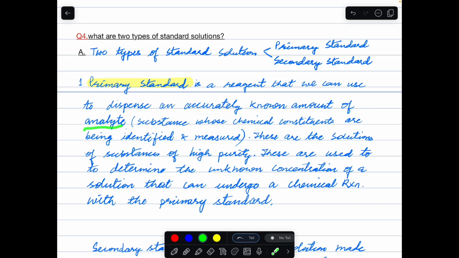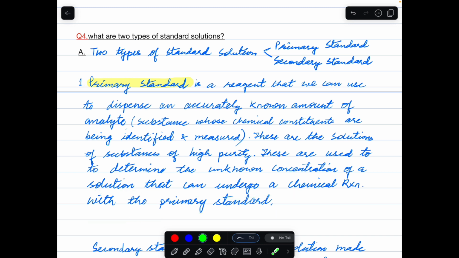Analyte is the substance for which we are doing identification and measuring the concentration. Okay, that unknown substance. These are the solutions of substance of high purity, and these are used to find out the unknown concentration of a solution that can undergo a chemical reaction with the primary standard.